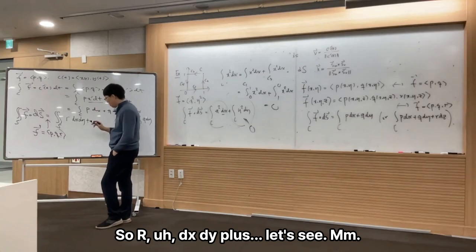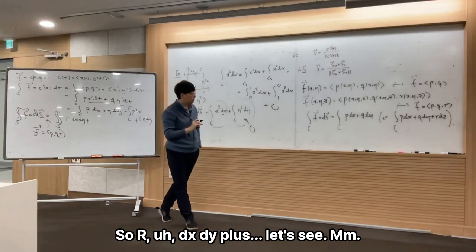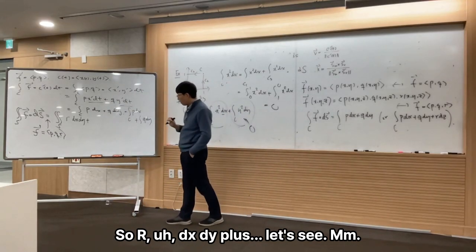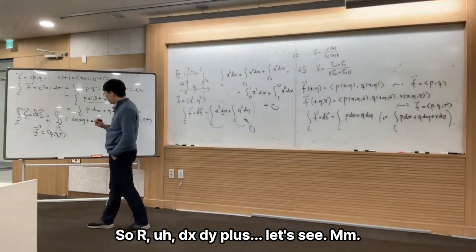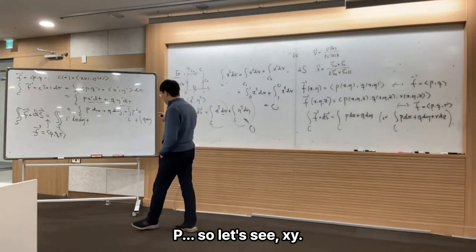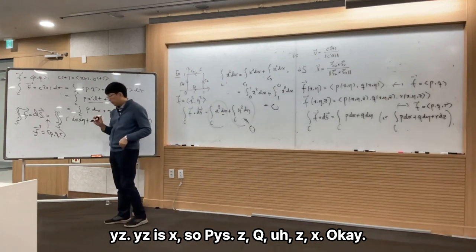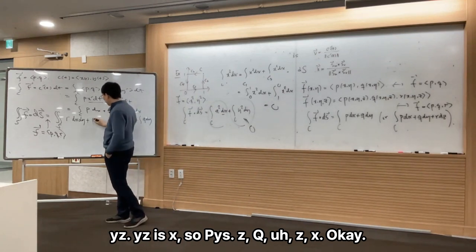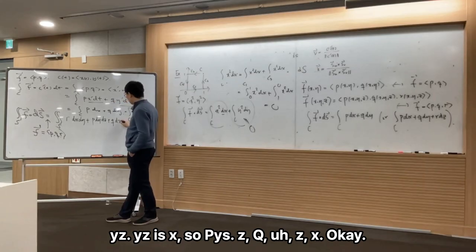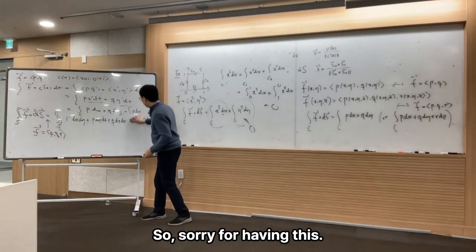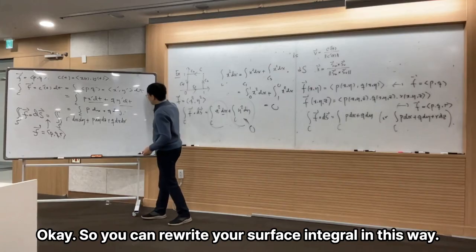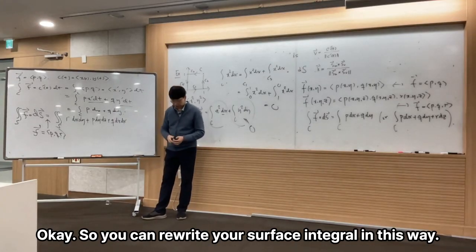So R dx dy plus, let's see, P dy dz plus Q dz dx. Okay, so sorry for having this. Okay, so you can rewrite your surface integral in this way.